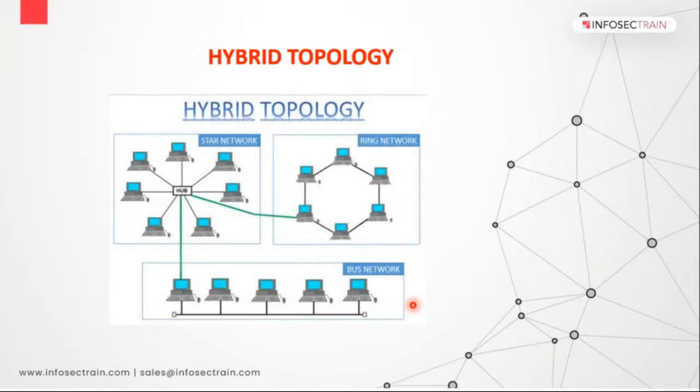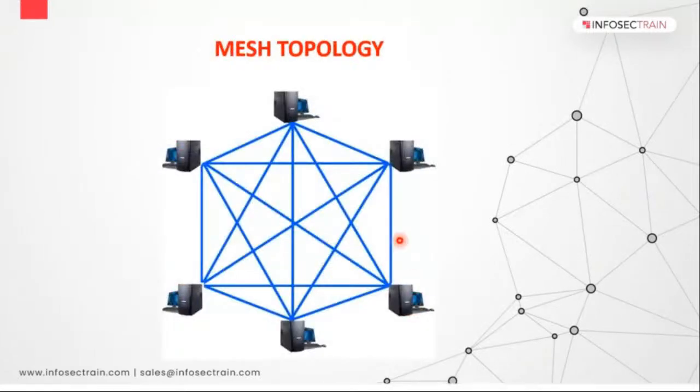Okay. So the fastest topology that we have is the mesh topology, because we have a direct link connected to every PC. So if I want to send data, it will be sent directly to the receiver. Now, which topology is the most used out of all?